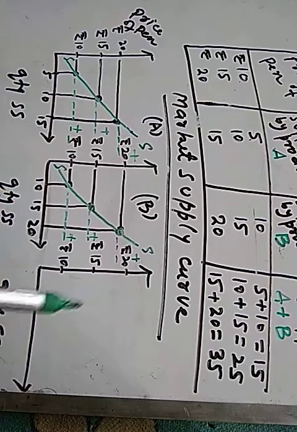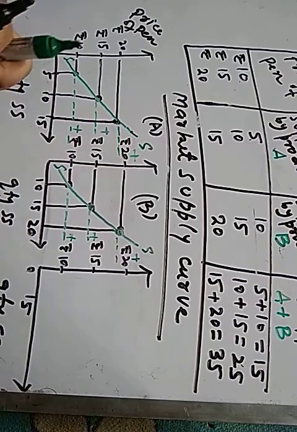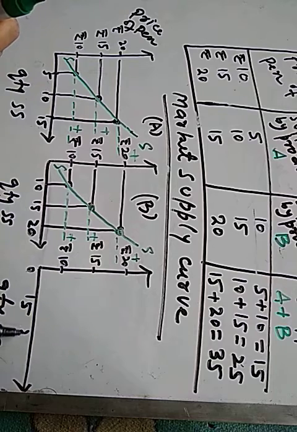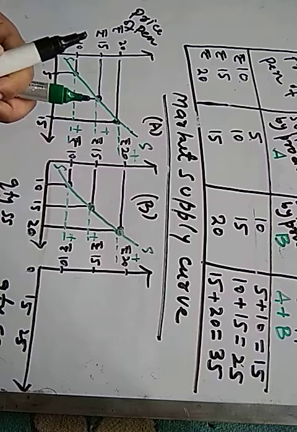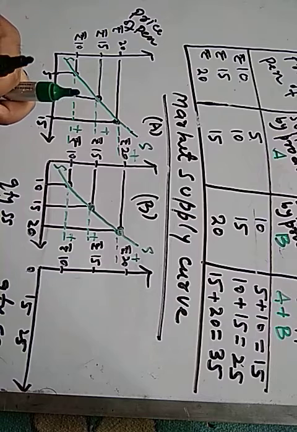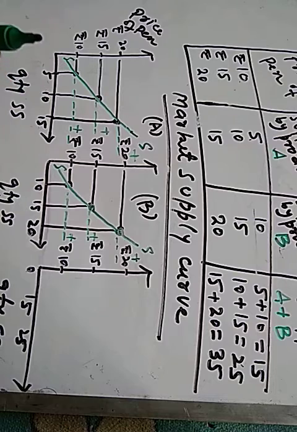Horizontally we will add up these individual supply curves to derive the market supply curve. Market supply is 15 units when price is 10, 25 units when price is 15, and lastly 35 units of pen is supplied in the market by all producers, that is producer A and producer B in our example, when price is 20 rupees per unit. 35.